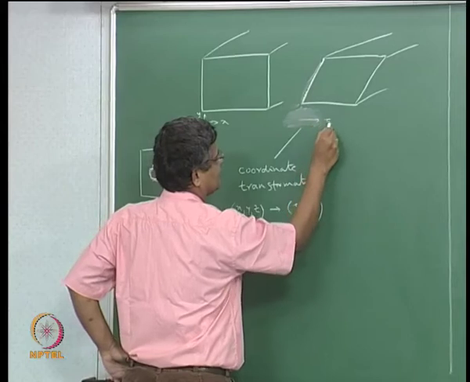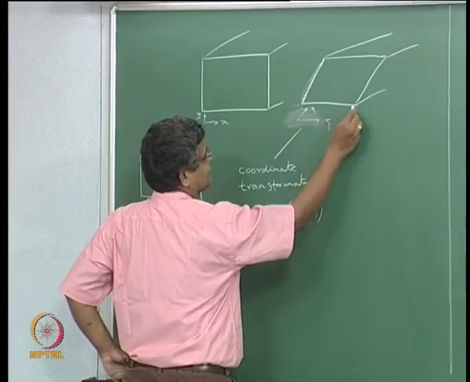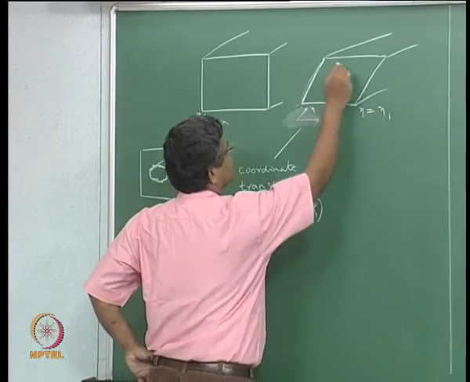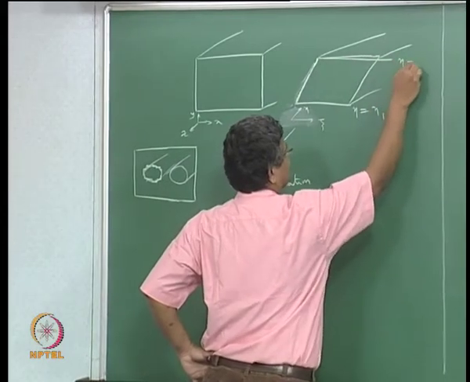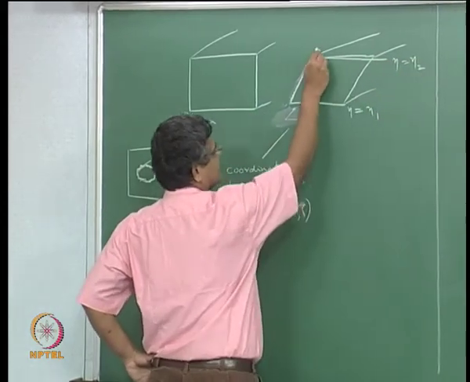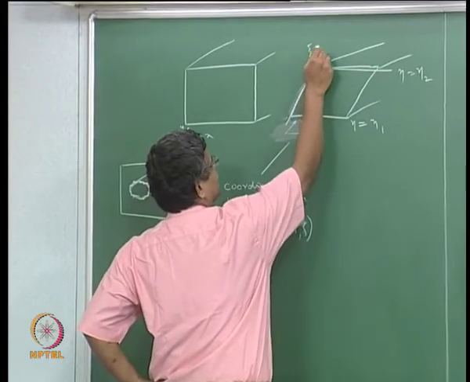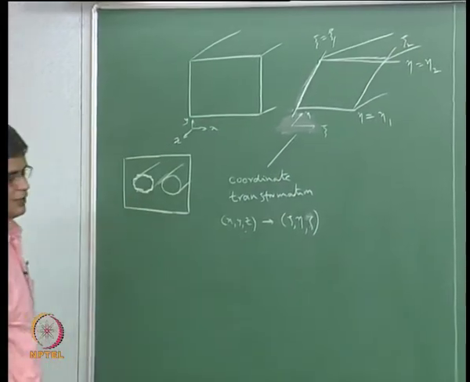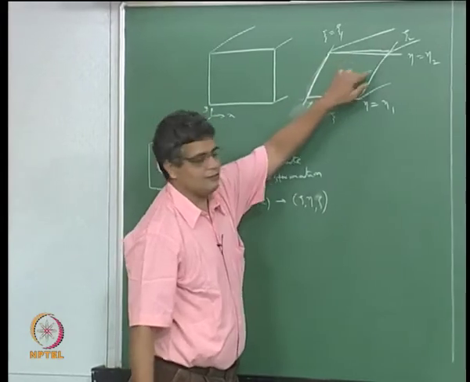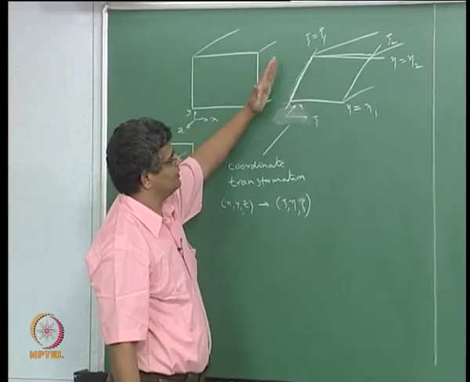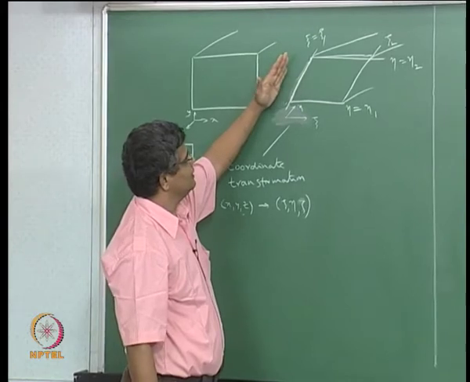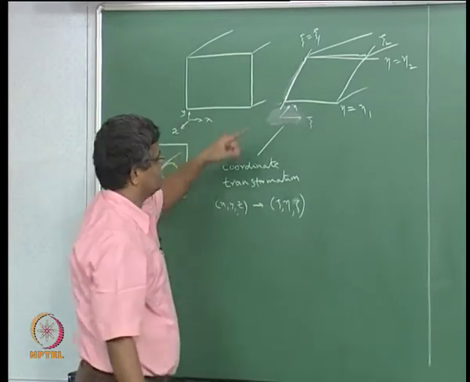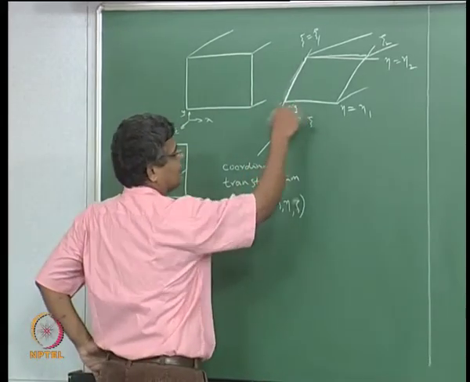So this is our psi here and this is our eta, so that this corresponds to eta equal to eta 1, and this surface corresponds to eta equal to eta 2, and this coordinate line corresponds to psi equal to psi 1, and this corresponds to psi equal to psi 2. Then these bounding surfaces can be described as being a coordinate constant plane like that.